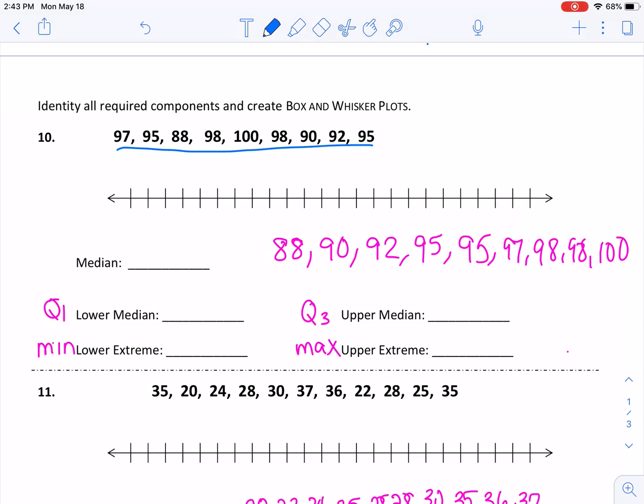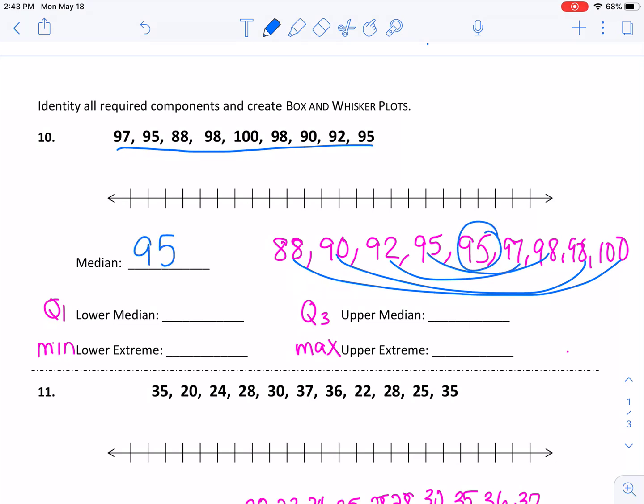I should have 9 written down, and I do. So let's find the median. We're not going to label our number line just yet. My median is 95. Since that is an actual value in my data set, I can cross it out.